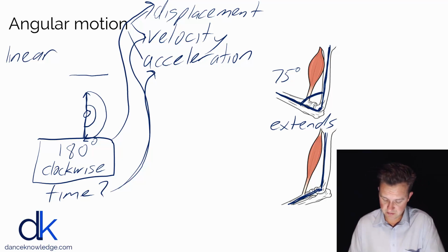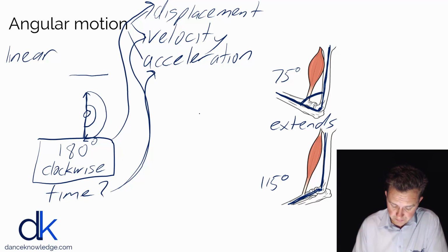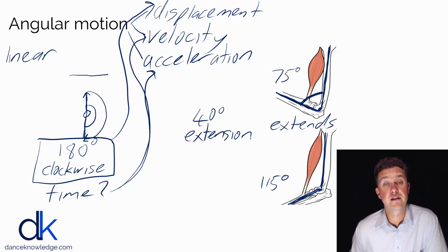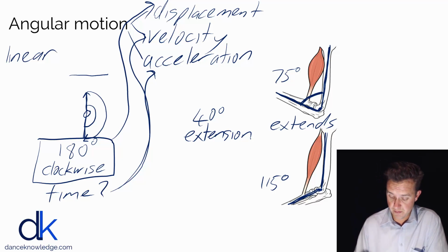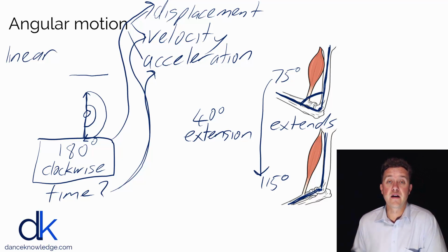And let's say that this is, wow, it looks like about 115 degrees. Then we've got, all of a sudden, 40 degrees of extension. So we have an angular displacement. If we measure the time that it took to go from 75 to 115, then we can calculate velocity, and then we can also calculate acceleration if we have another measure of time.